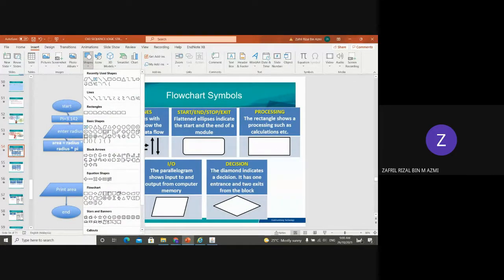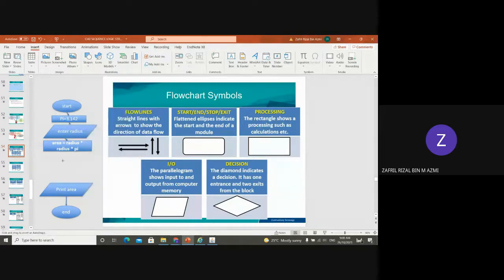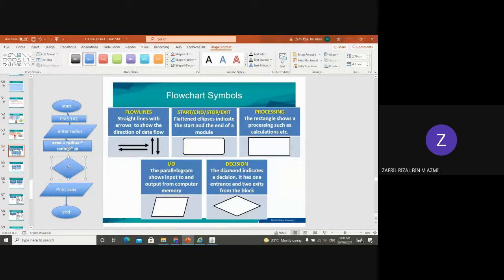Okay, diamond symbol, along with the keywords lah, appropriate keywords. For example, the decision requires an if decision, kan. Don't worry about this. We are going to discuss further next week. Just to show you an example. If area less than 10, for example, kan. So there should be only 2 arrows coming out from it, either true or false.